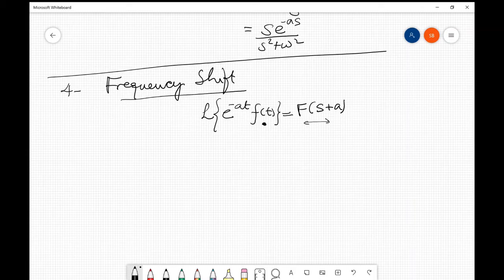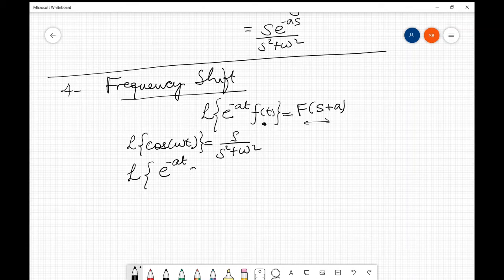For example, we already know the Laplace transform of cos omega t is s over s squared plus omega squared. So if we are asked to find the Laplace transform of e raised to minus at cos omega t, which is a very common function, then rather than integrating from 0 to infinity e raised to minus st e raised to minus at cos omega t dt, we just plug it in here.